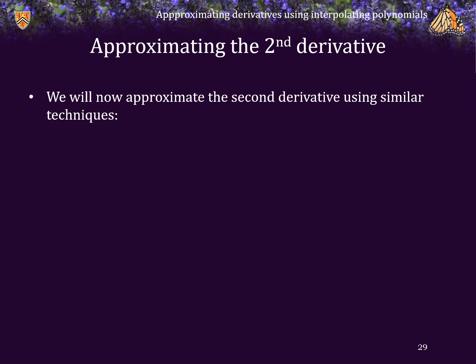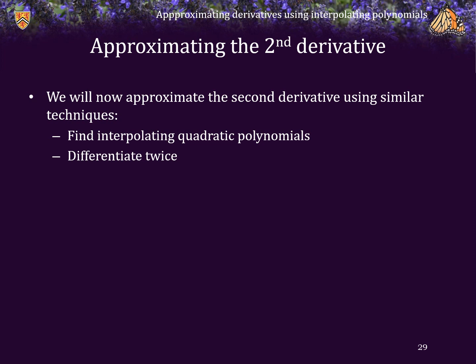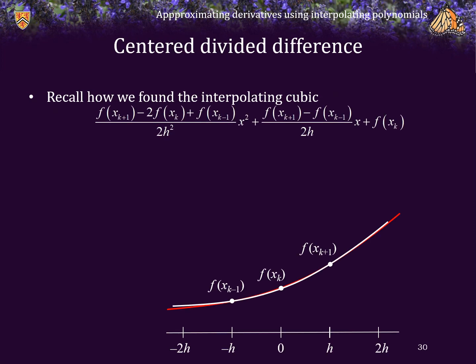All right, so now we're going to approximate the second derivative using similar techniques. We're going to find interpolating quadratic polynomials. We'll differentiate these twice and then evaluate these at a point. You'll recall from before that we already found the interpolating quadratic for the centered divided difference formula.